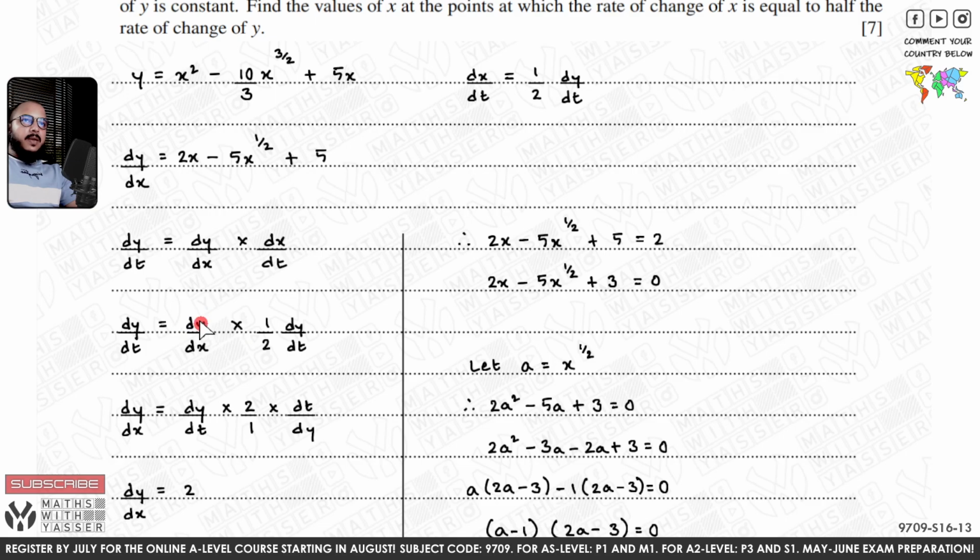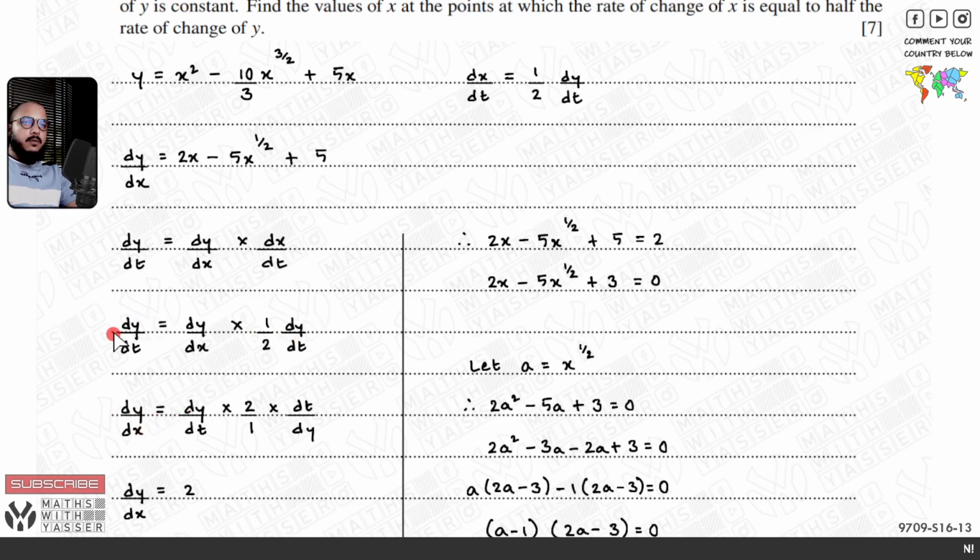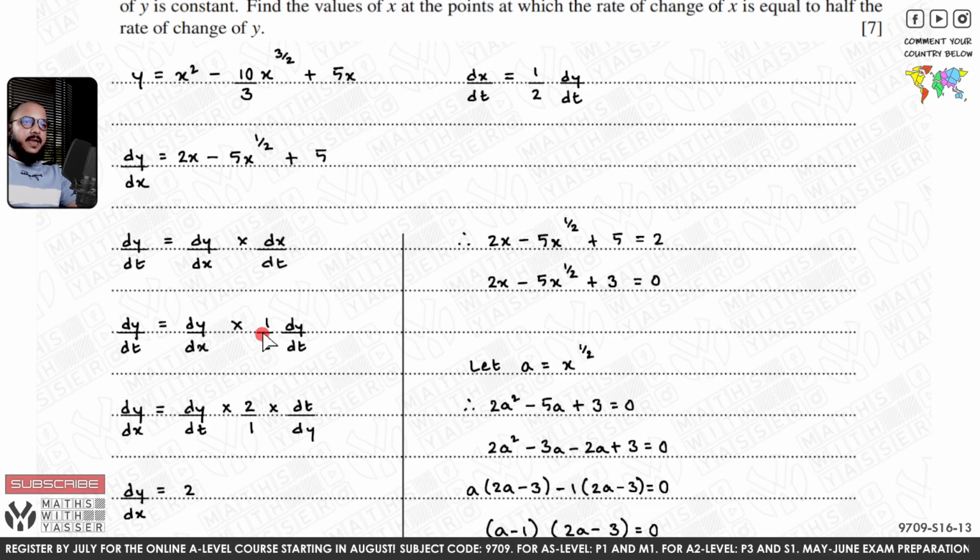So now let's make dy by dx the subject, because it is easier to solve. By making dy by dx the subject, this goes to the right. That means the fraction will flip.